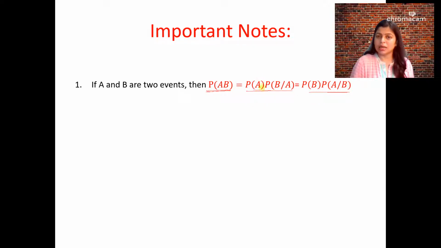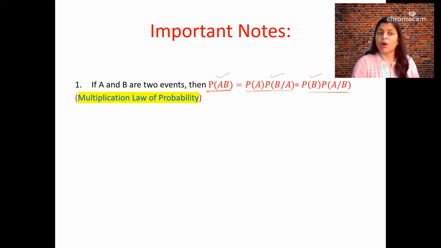This is the probability of A times the probability of B when A has already happened. This is the probability of B times the probability of A when B has already happened. So it is either equivalent to this or this, depending on the situation. This particular formula is called the multiplication law of probability.